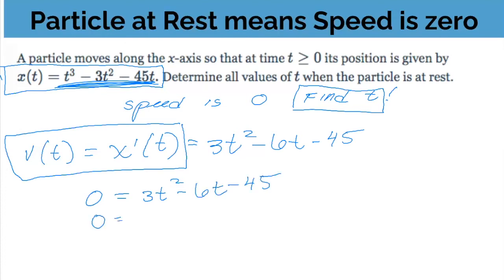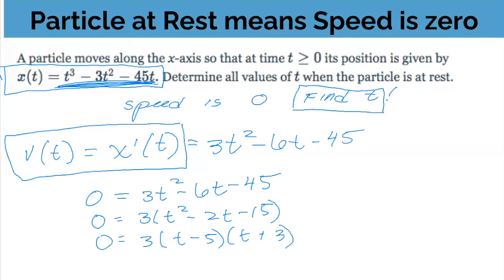Now I have to factor out a 3 again. t squared minus 2t minus 15. Okay, and then we can find out that it's going to be t minus 5 times t plus 3.